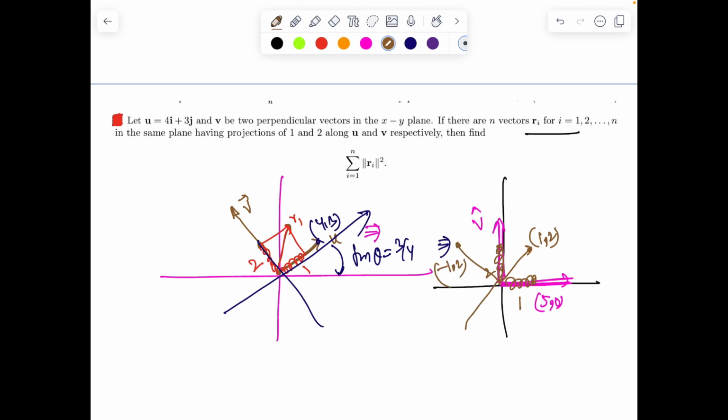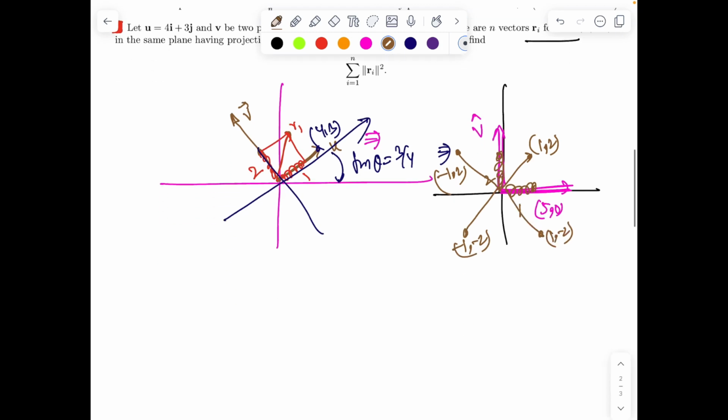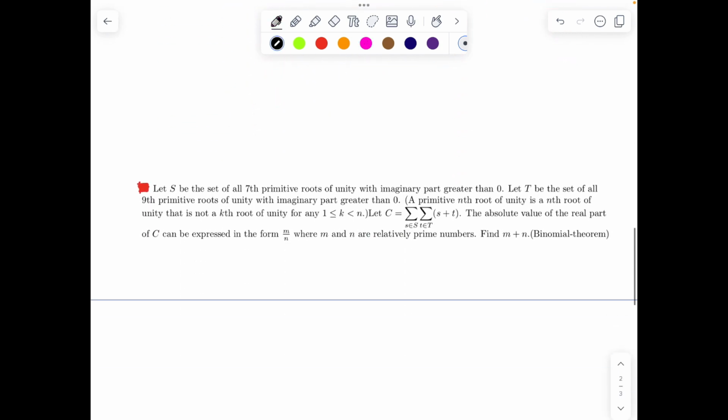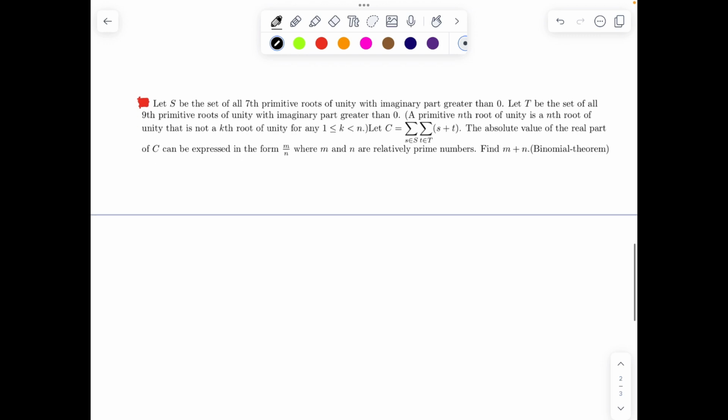So clearly one of the possibilities for a vector is 1, 2, and you can see other possibilities are minus 1, 2, minus 1, minus 2, and 1, minus 2. So we have 4 such vectors, and the magnitude of each of them is root 5, so the sum of squares is going to be 5 plus 5 plus 5 plus 5, hence the answer is 20.